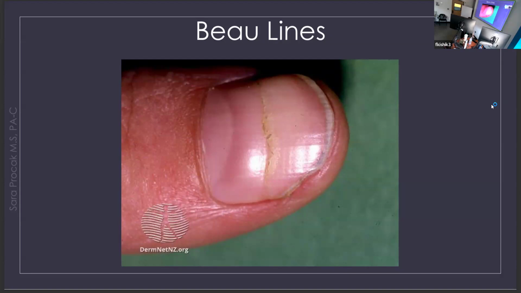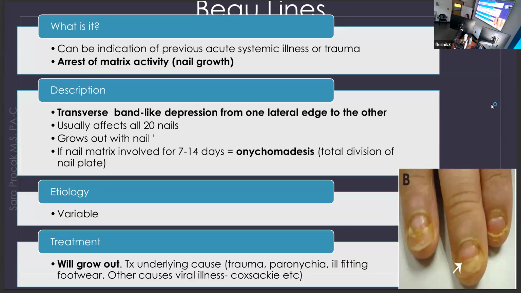All right. If the nail matrix is affected for 7 to 14 days, you can get something called onychomadesis, which is a total division of the nail plate. This is a different condition, and it's very common in children, especially after something like Coxsackie.